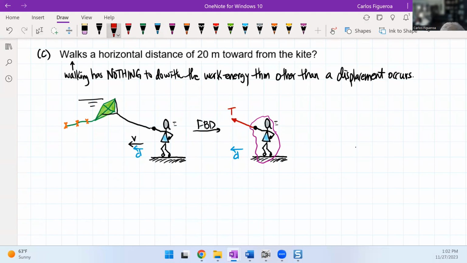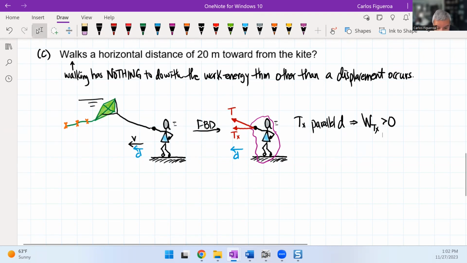So we've already concluded that the only force that matters here is this Tx. Just as before, Tx is parallel to D, which means that the work of Tx in this case is positive. So we know that there's an increase in energy here.